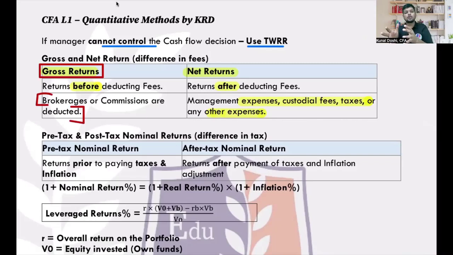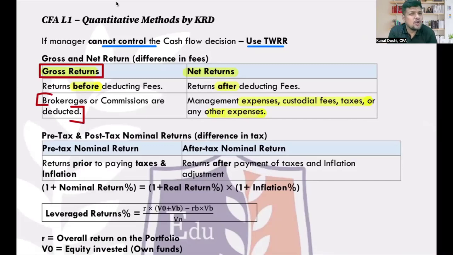From the return I subtract the brokerage and commission, and then I get gross returns. From the gross returns, I subtract the fees and I get the net returns. Is that clear?